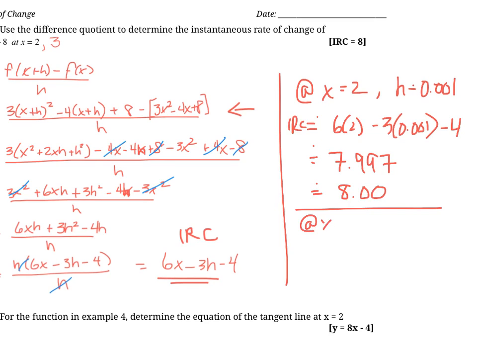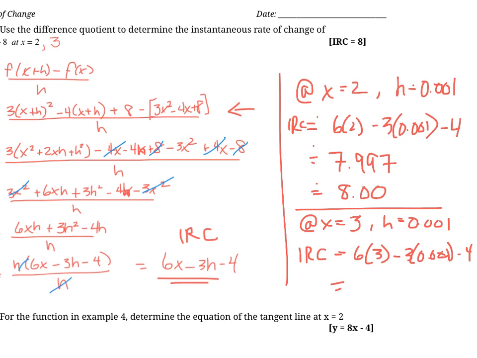And at x equals 3, we'll use h as 0.001 again. We have IRC is equal to 6 times 3 minus 3 times 0.001 minus 4. It's a little bit messy there.